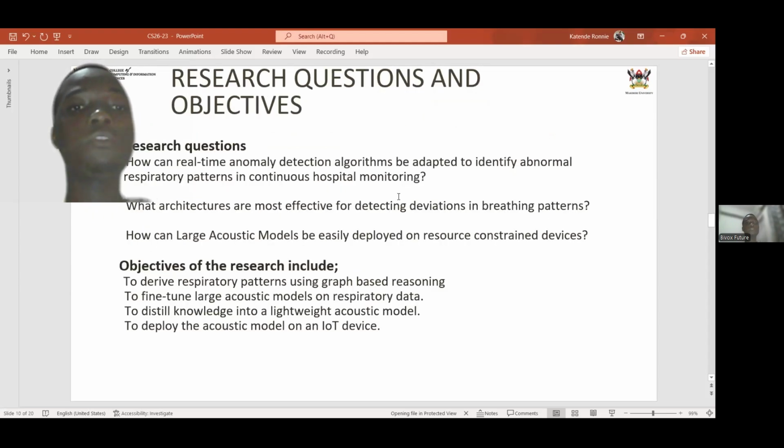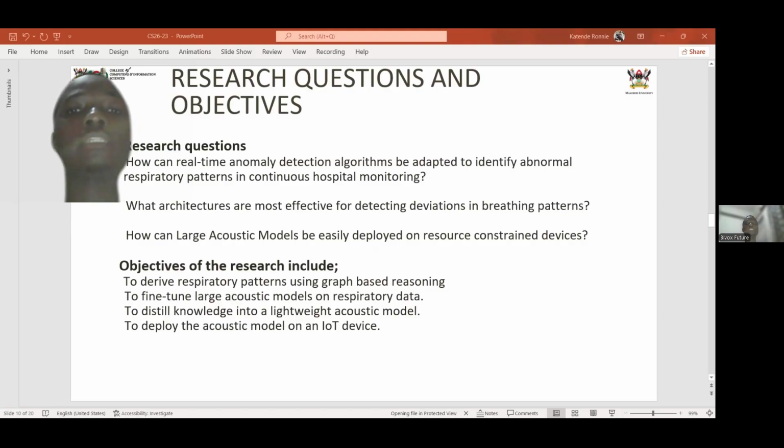Then we have the research objectives and research questions. Specifically the first one: how can a real-time anomaly detection algorithm be adapted to identify abnormal respiratory patterns in continuous hospital monitoring?